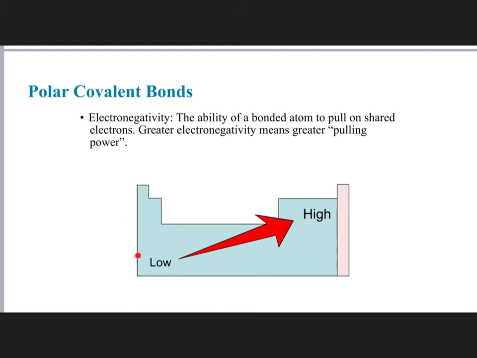So the atoms over here tend to have a very low electronegativity. They're not pulling very strongly on those shared electrons. But up here, in the upper right corner, the electronegativity is higher. So atoms in that part of the periodic table will have a much stronger pull on shared electrons.